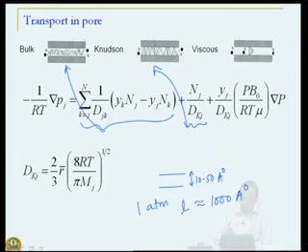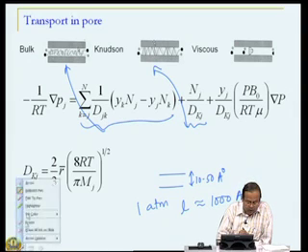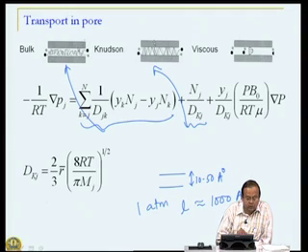The Knudsen diffusion is characterized by the Knudsen diffusion coefficient, which is given by this formula over here, and this tells us that it depends on the size of the pore R bar, depends on the temperature, and depends on the molecular weight of the species.